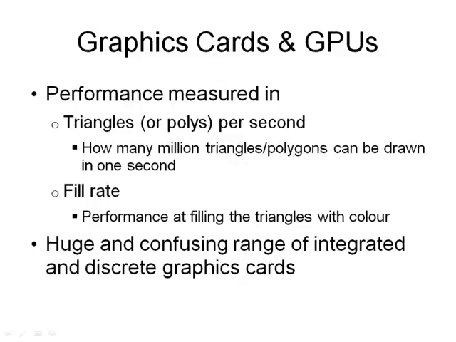There is a huge and confusing range of integrated and discrete graphics cards available, and they all have different model numbers, and the model numbers all mean something a little bit different. If you're serious about shopping for a graphics card, I recommend going to a site like tomshardware.co.uk, where they regularly review a wide range of different graphics cards and point out which ones are best models for particular budgets and price ranges.